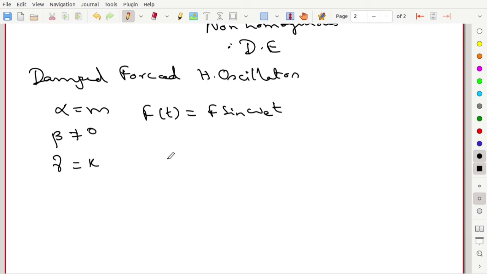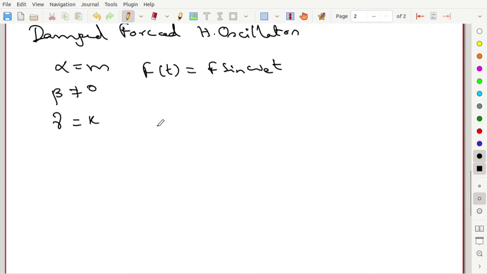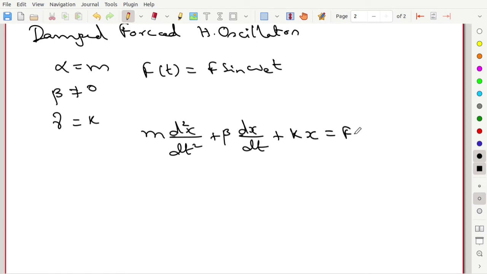We can use any kind of forcing. So in that case we have the equation m d square x by dt square plus beta dx by dt plus kx equals F sin omega_e t.